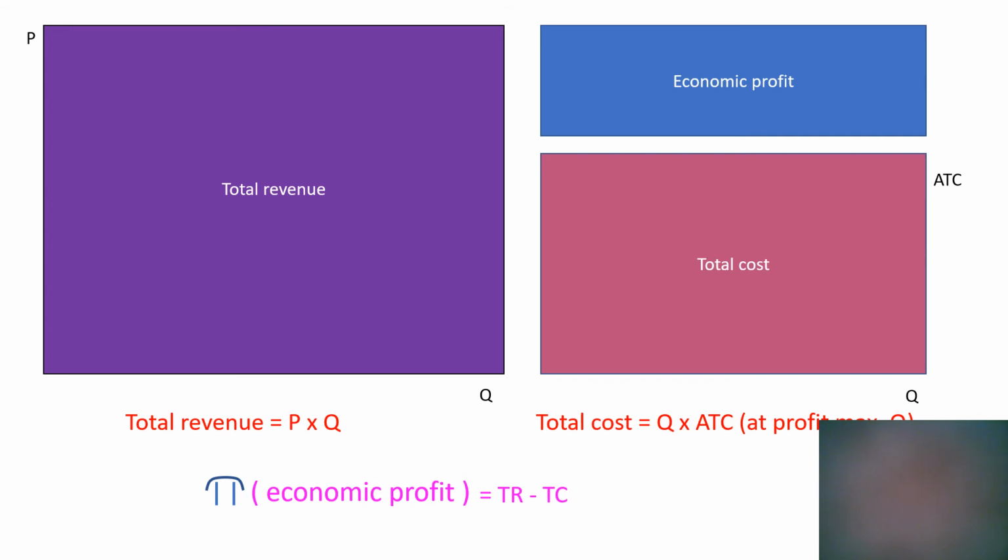That gives us a total cost rectangle. Now if we subtract the total cost rectangle from the total revenue rectangle, what we're left with is economic profit. Sometimes I use PI to refer to economic profit. It's just a shorthand way for me to do that. But economic profit equals total revenue minus total cost.